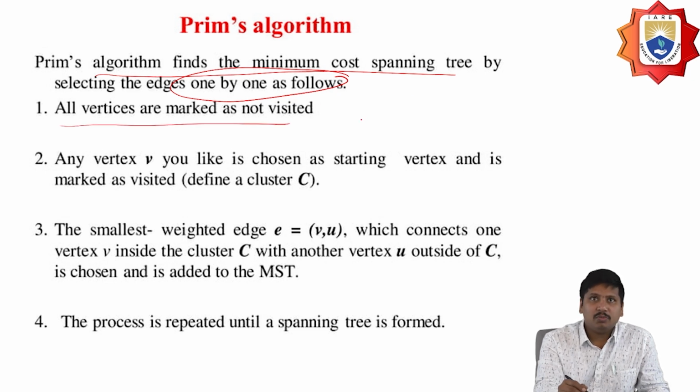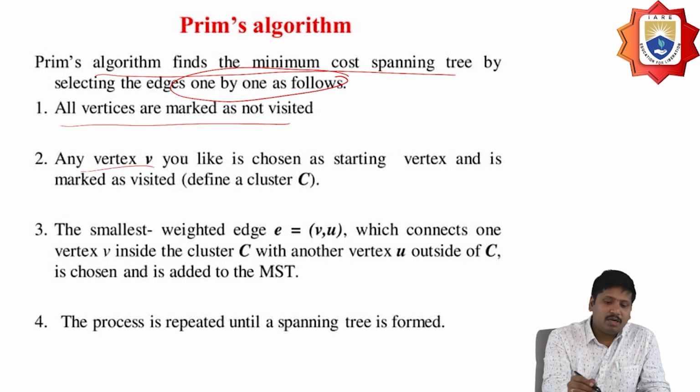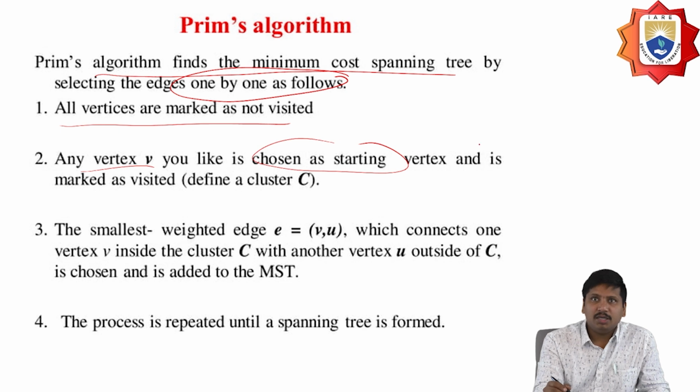marked as not visited initially. Then from any vertex V, we choose a starting vertex, and it is going to be marked as visited. Any vertex that is taken should be considered as the starting vertex.